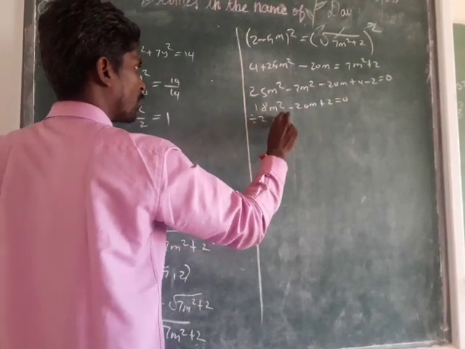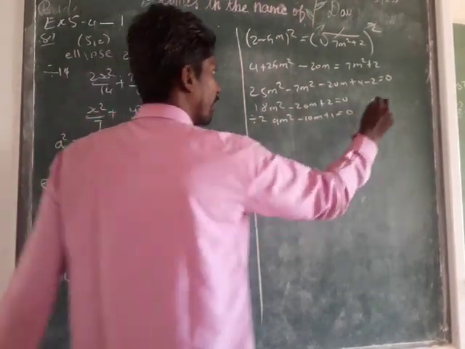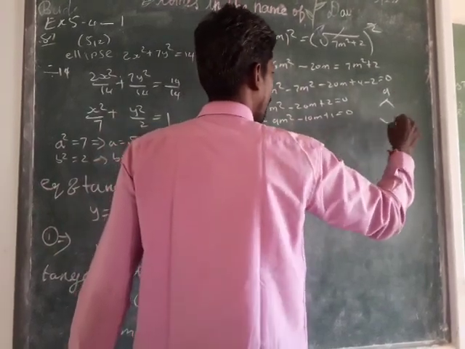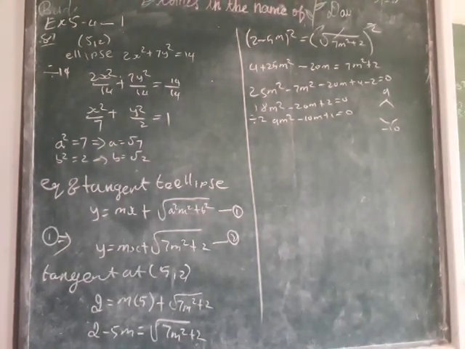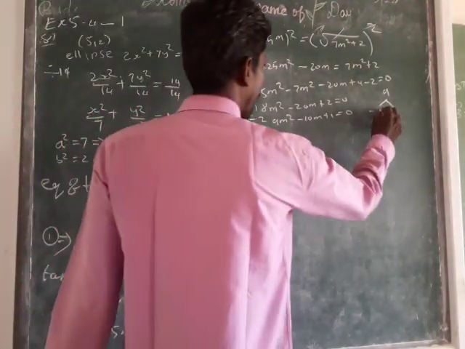Divide by 2: 9m squared minus 10m plus 1 equals 0. The product should be 9 and the sum should be minus 10. If we multiply minus 9 and minus 1, we get plus 9, and adding them gives minus 10.